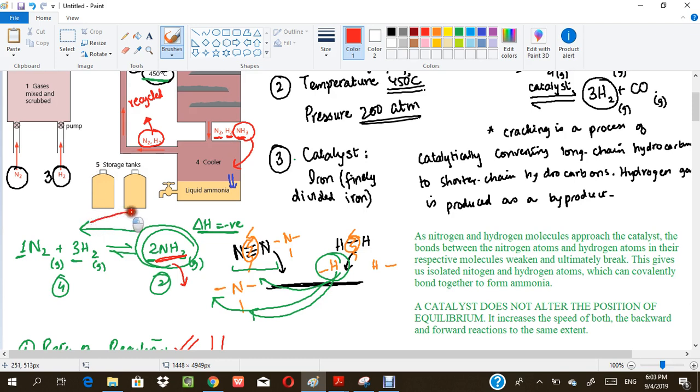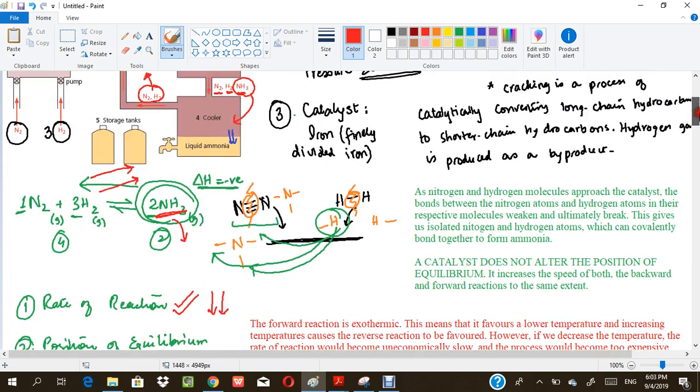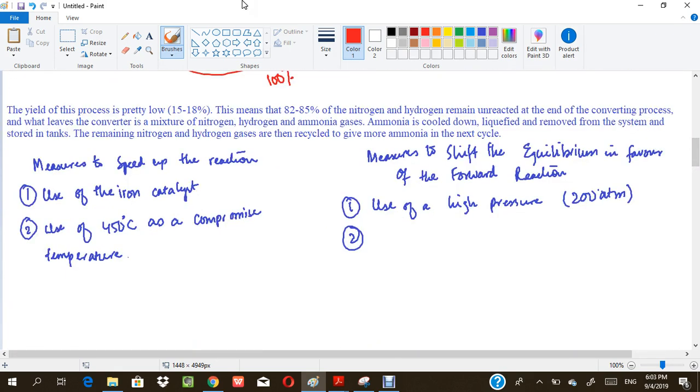Therefore, the forward reaction will be preferred. Right? I hope this is clear. So the second way in which we shift the equilibrium in favor of the forward reaction is by removing any ammonia formed.